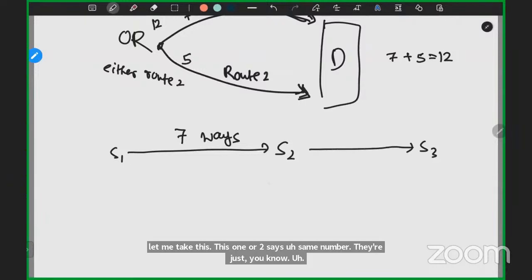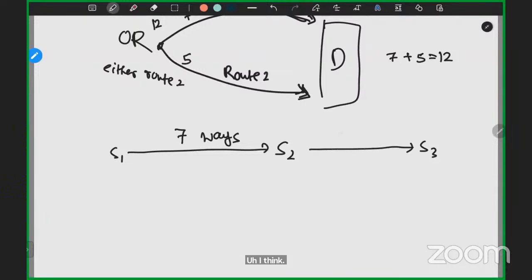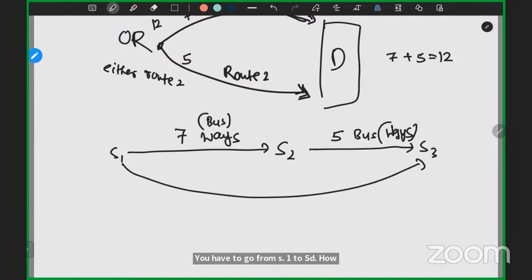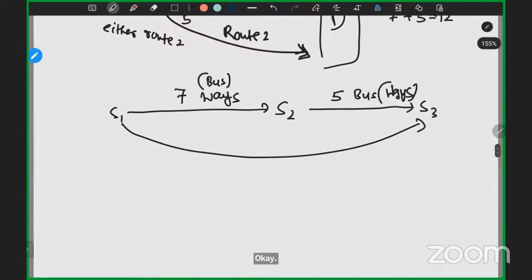Then from S2 to S3, you can go in 5 ways, 5 buses, everything the same. Now I'm asking you to go from S1 to S3. How many ways can you go? So what I'm doing actually is going S1 to S2, and then going S2 to S3.